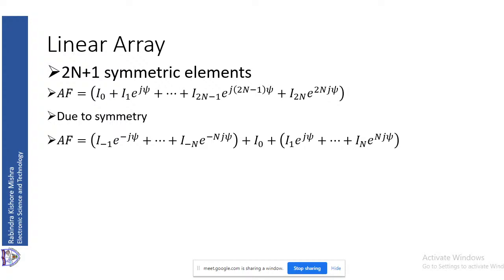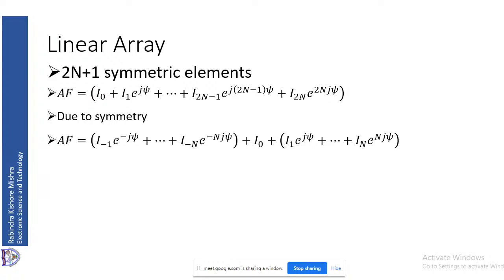With respect to the center element, towards the left phases are decreasing, towards the right phase will increase. Therefore center element is I0. Go up to I minus 1 on the left side, go up to In on the right side, or you can write that as I minus n to I minus 1 on the left side, then I1 to In on the right side.